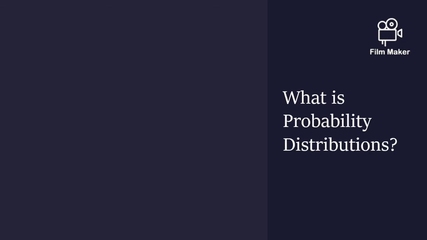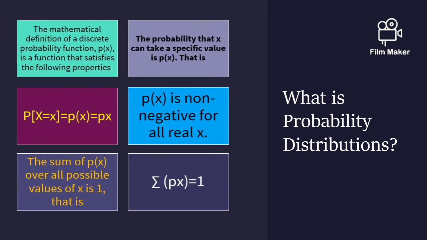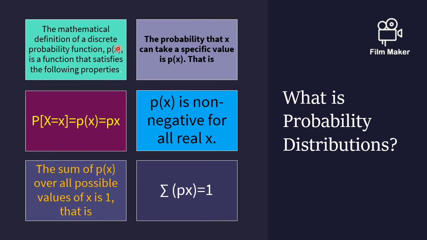What is probability distribution? Number 1. The mathematical definition of a discrete probability function is P sub x. It is a function that satisfies the following properties. It can be written as P sub x equals x.